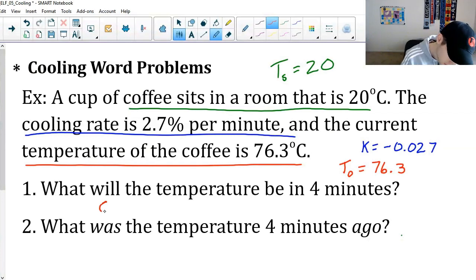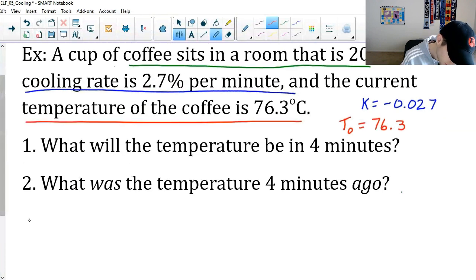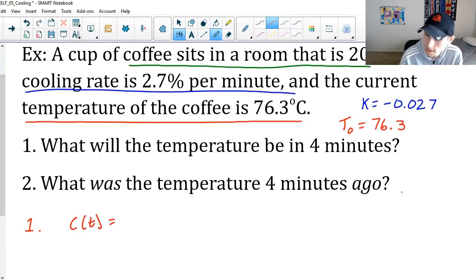Well, first, let me create the model. I'll write it down here so I have more space. I'm just going to plug all these values into my formula first. So C of T, and I can look back here if we need.